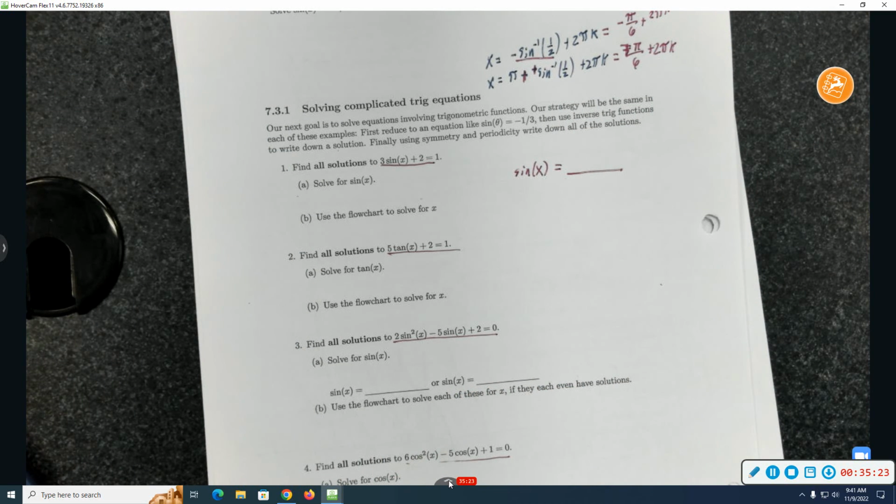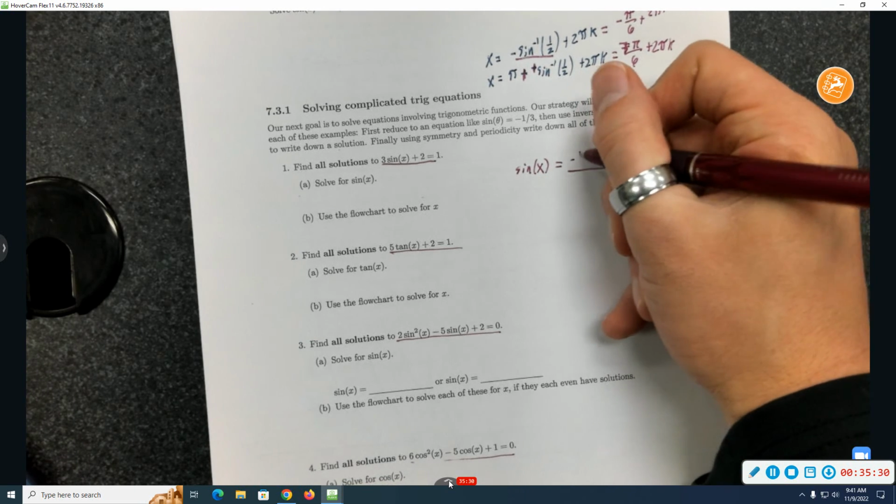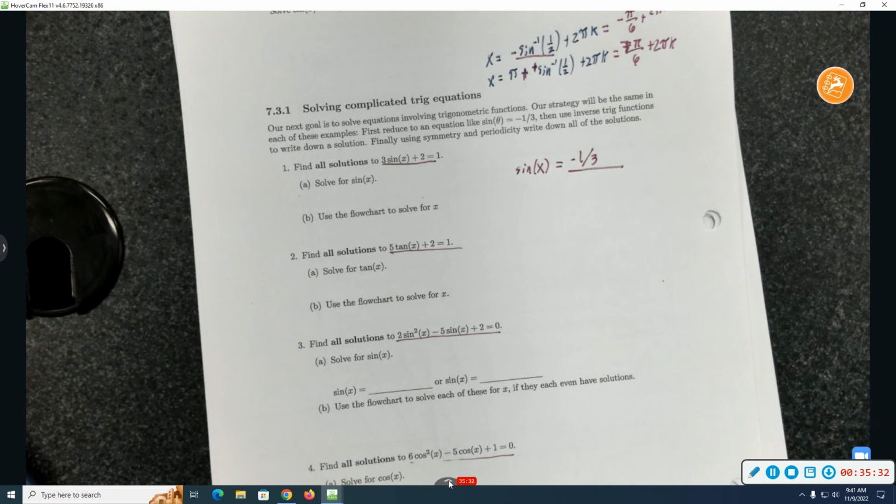I hear a negative 1/3 thought. I didn't do it, and I didn't check it, so I'm believing you. I'm reasonably confident. You sounded confident. Does that agree? Nice. That is now a simple trig function. Let's get the solutions to that by following the flowchart.